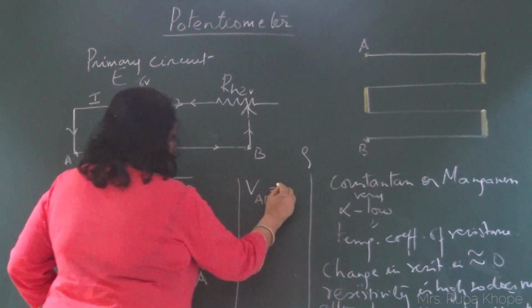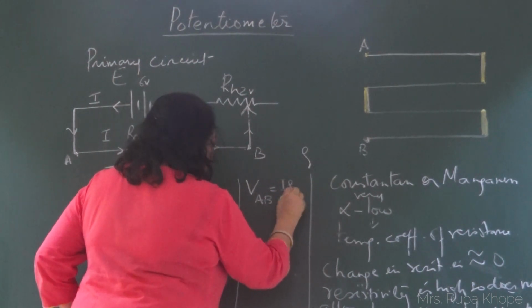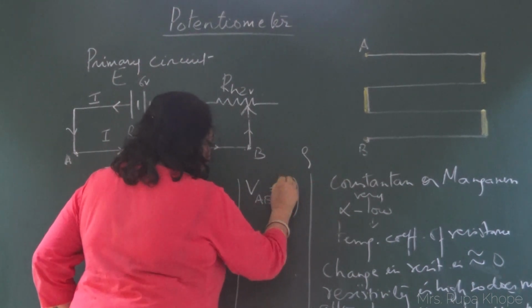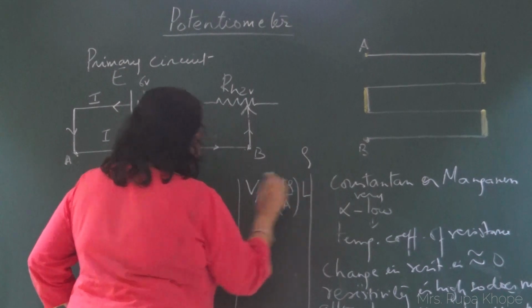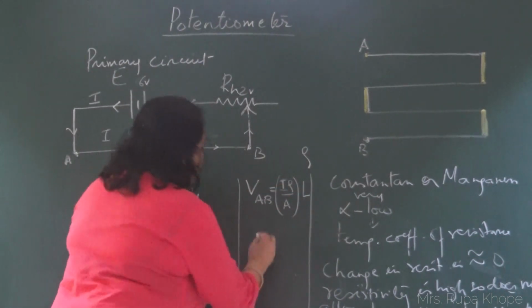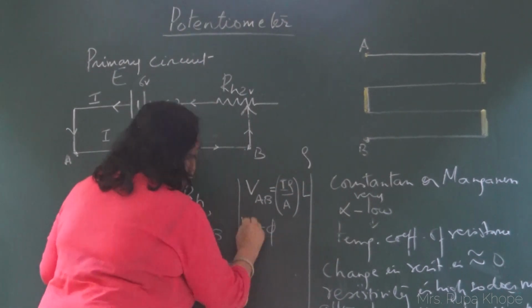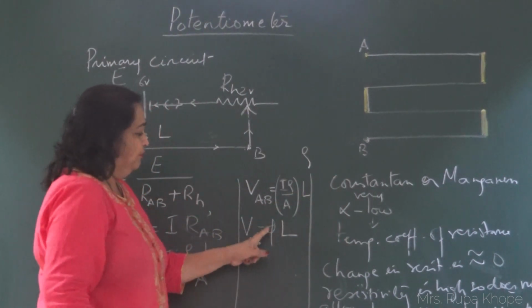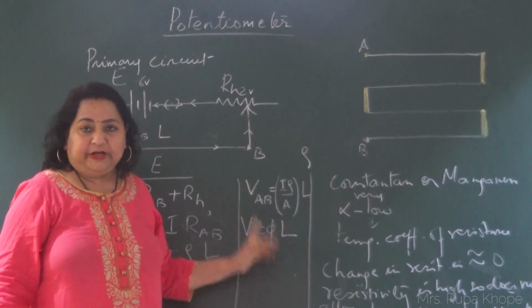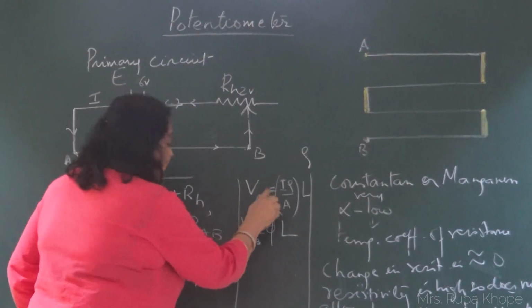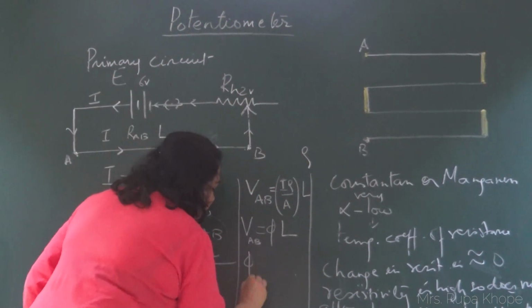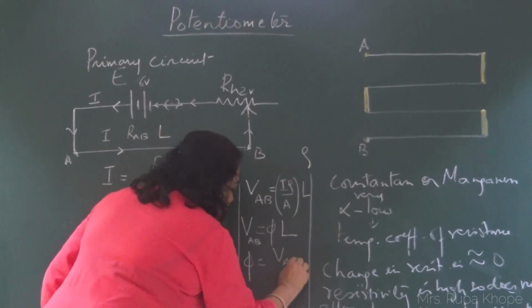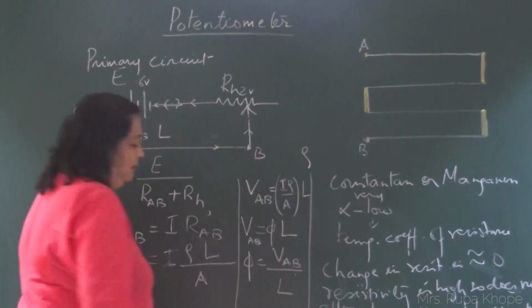And therefore we can write I rho upon A, we can club it together, multiplied by L. So this constant is called as potential gradient, into L. So I rho upon A is the potential gradient. So if it is a constant, we can define potential gradient as VAB upon L.